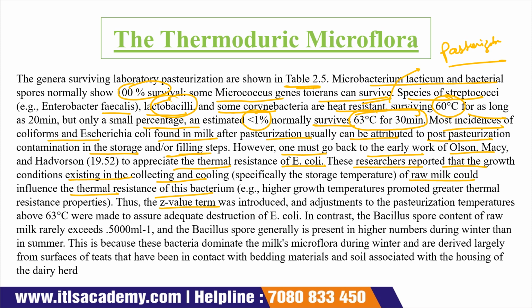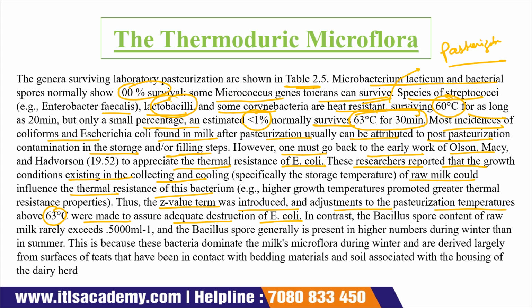Okay, thus the Z value was introduced, and adjustments to the pasteurization temperature above 63 degrees Celsius were made to assure adequate destruction of E. coli. So there is research which said that there is a chance that E. coli can survive at the range of 63 degrees Celsius. That's why the pasteurization temperature was increased above 60 degrees Celsius.